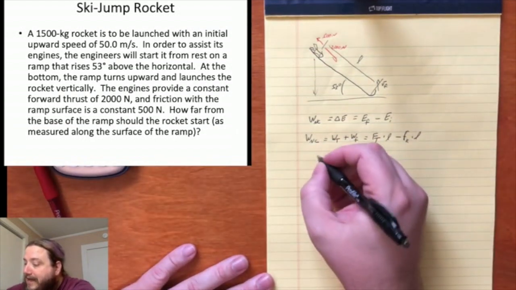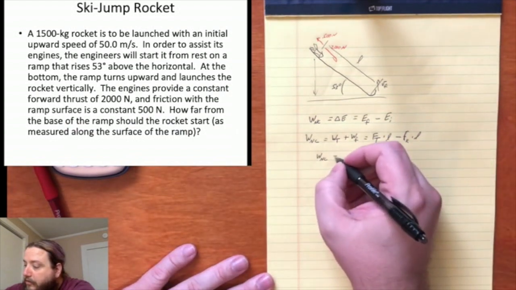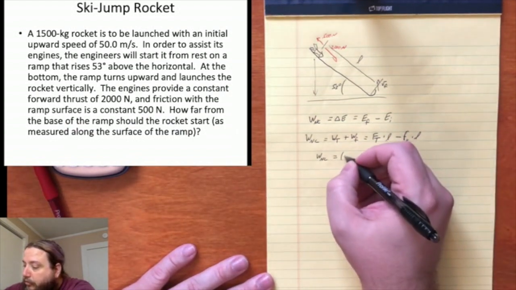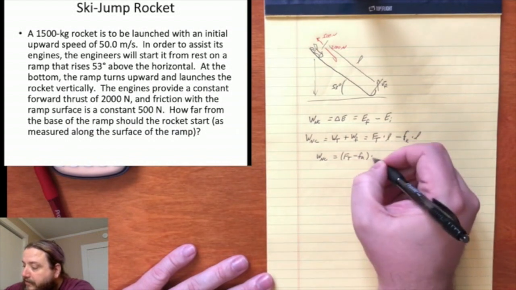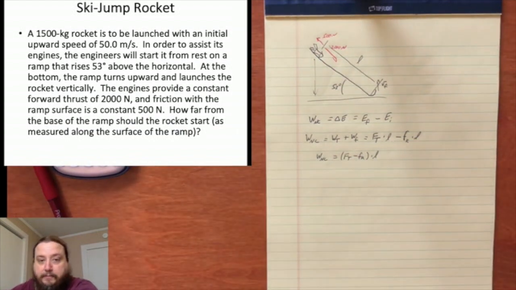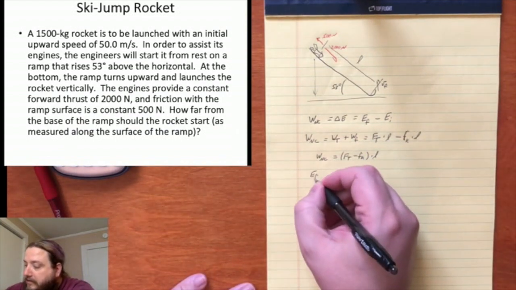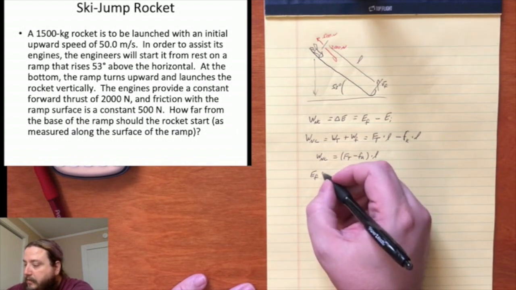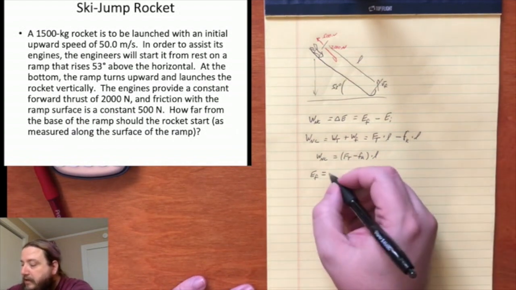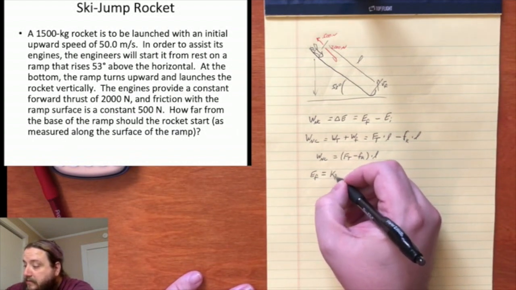And so our net work, our work done by non-conservative forces, will be the thrust force minus the friction force times our length. Okay.